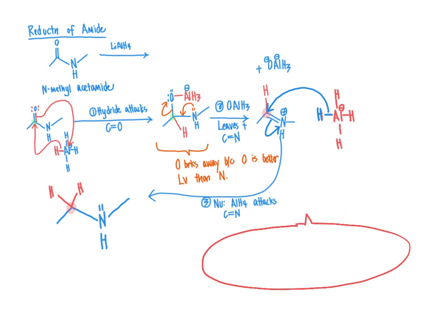So the net effect of reducing an amide is that you're going to replace the carbonyl group with two bonds between carbon and hydrogen. Those two bonds to hydrogen are donated from the hydride.